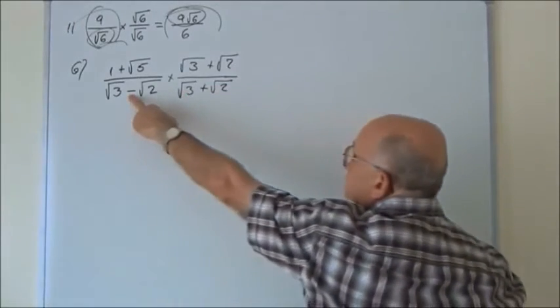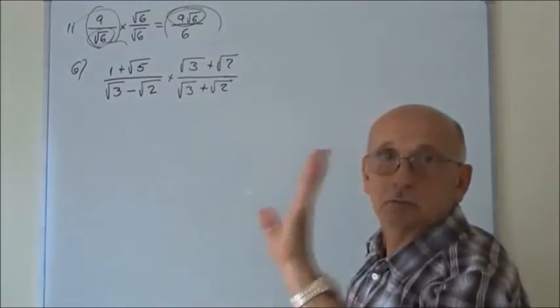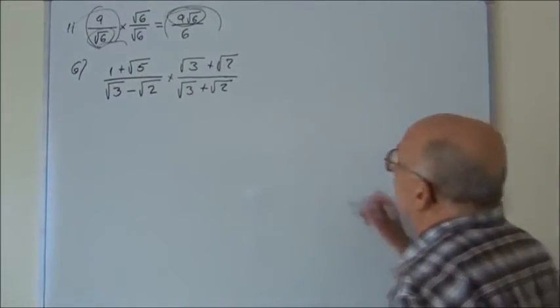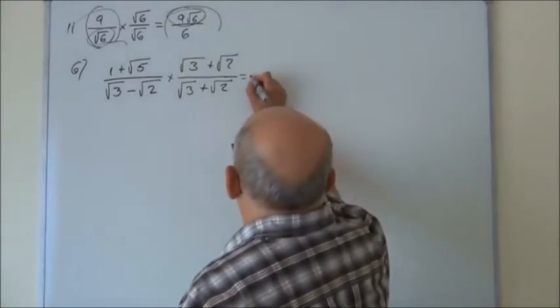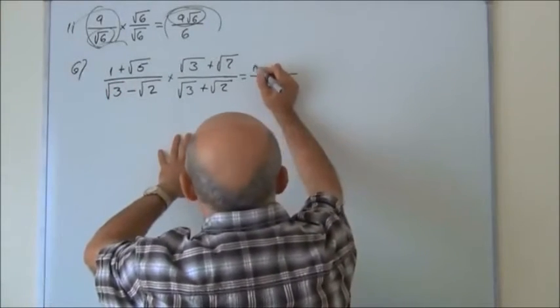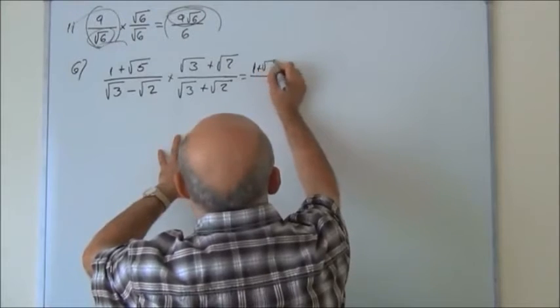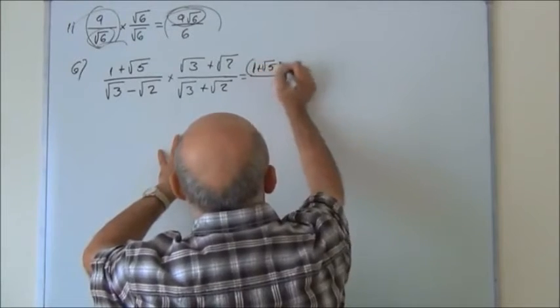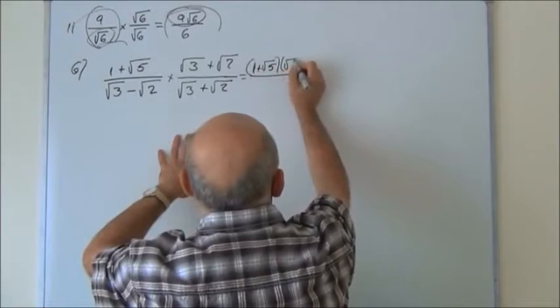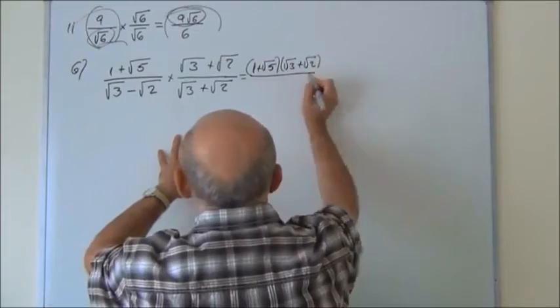Only the sign is minus here, plus is here, and everything is perfectly fine. Of course, now we have to multiply this. I will put this in brackets at the moment: 1 plus root 5 multiplied by root 3 plus root 2.